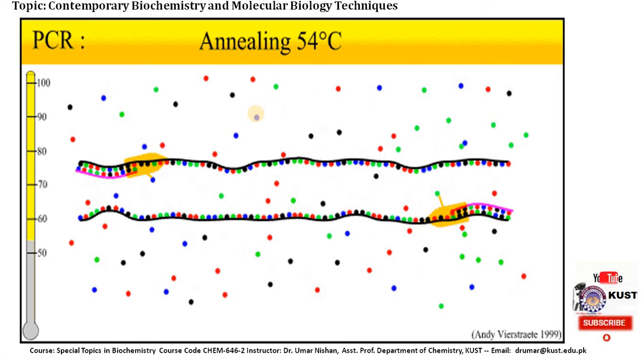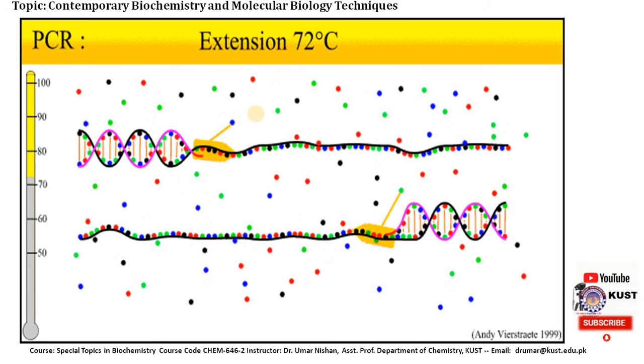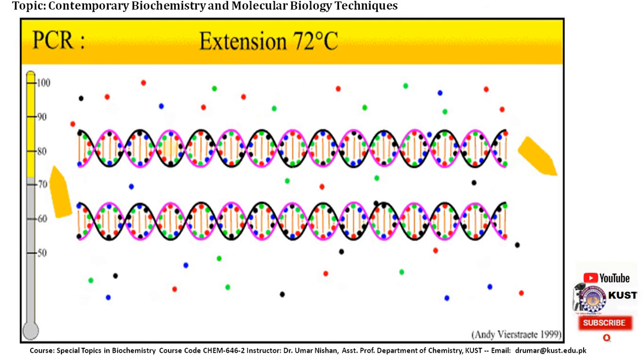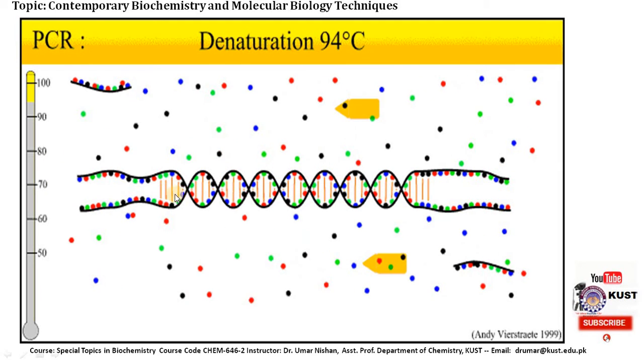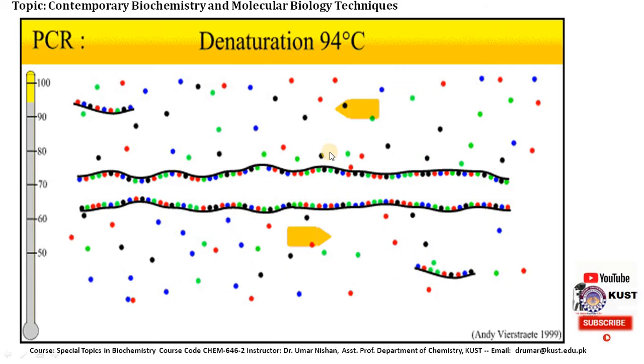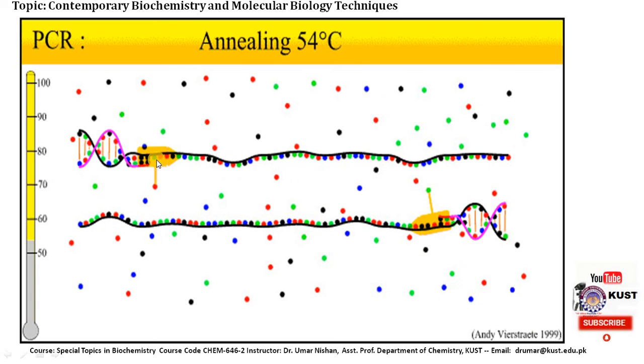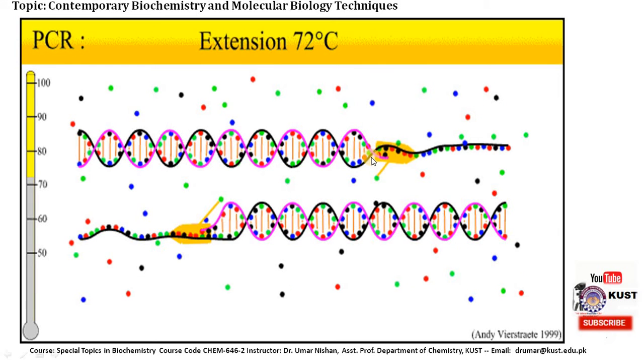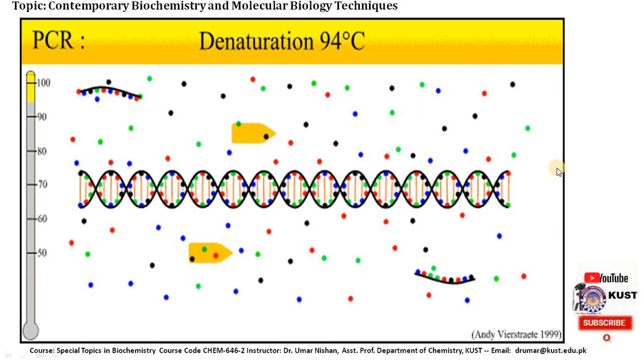You can see that DNA was first denatured like this. Now you can see the denaturation, and then the primer anneals, and the DNA polymerase enzyme, which is shown by this yellow, is recruiting nucleotides.